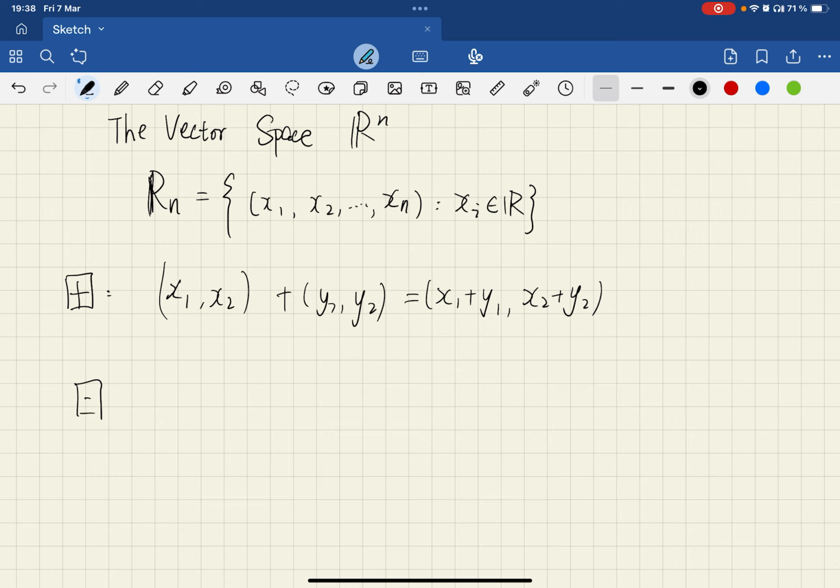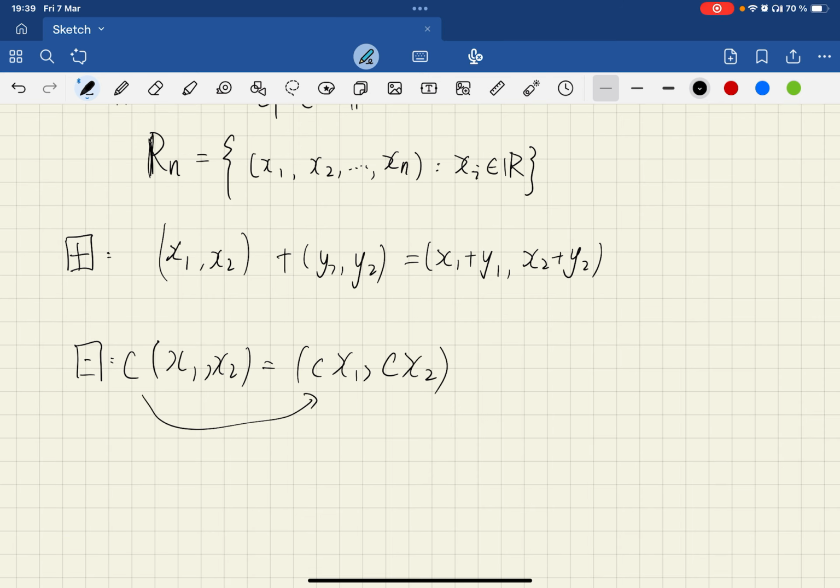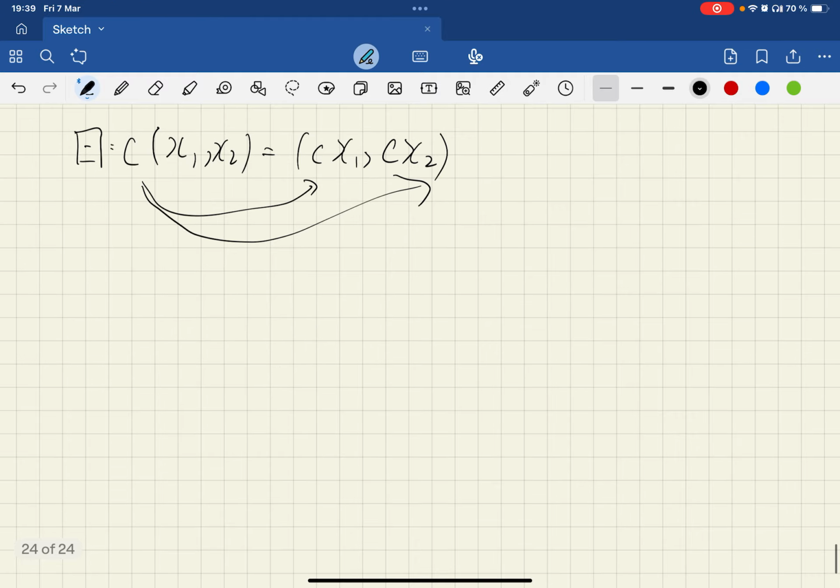And the scalar multiplication is C times (x1, x2) equals (C x1, C x2), C times each component, to stretch or squeeze the vector to C times the original.